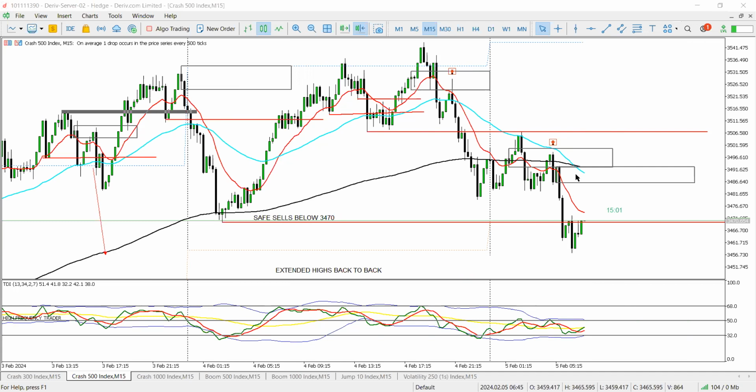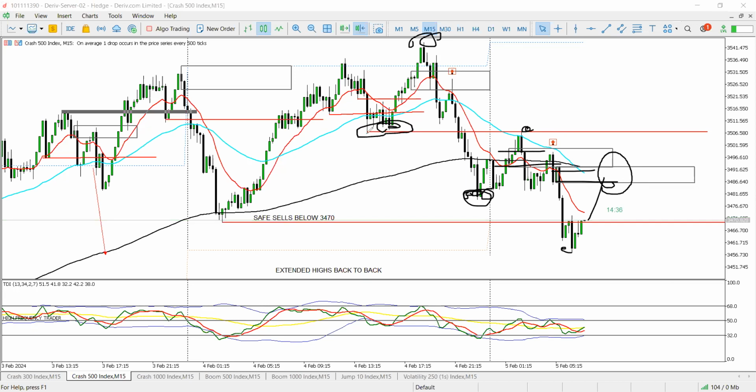I'll show you an example just now. Looking at C5, we've got a higher high, and we have a low here, a lower low, lower high, lower low. So I'm expecting a possibility of a lower high around this area. We have an order block. We have a broken order block, which is a breaker block.